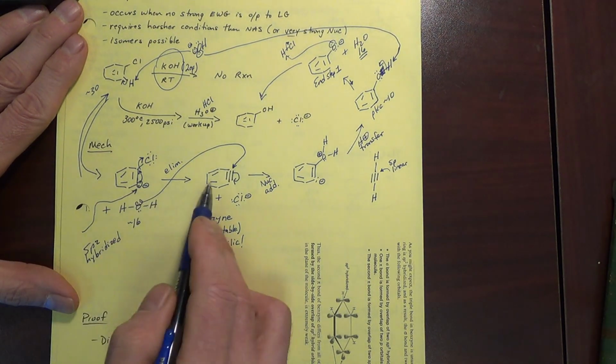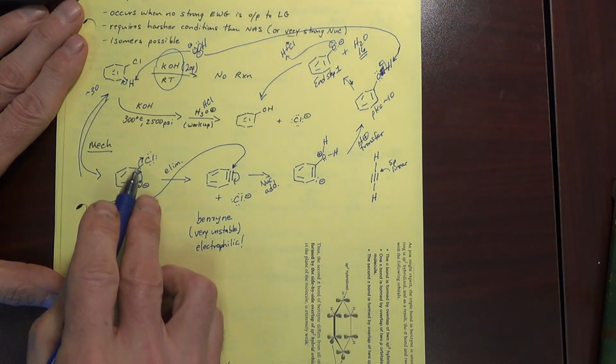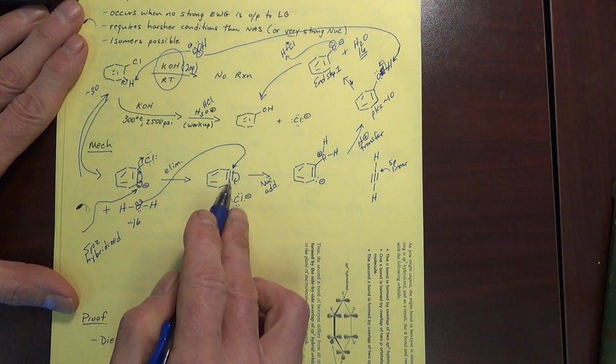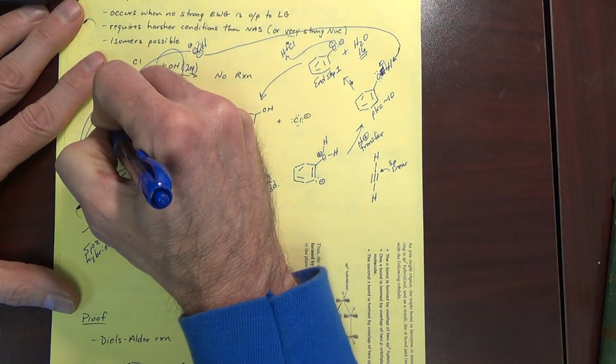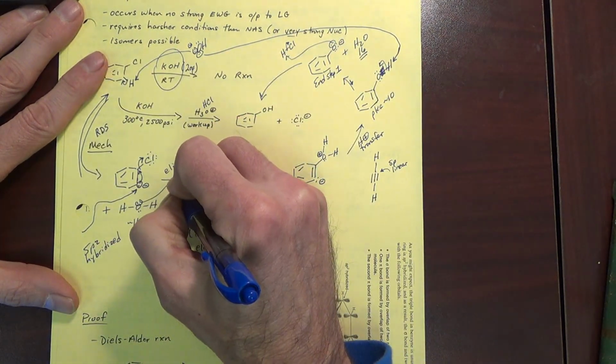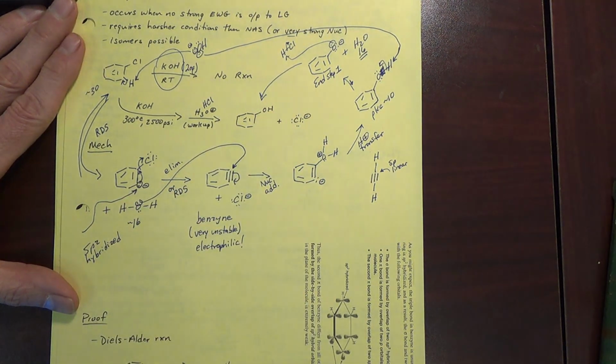I would prefer you do it like this. There is evidence that the anion is formed first and then it eliminates. Rate determining step actually can vary. In some cases, this may be the rate determining step. In other cases, this may be the rate determining step.